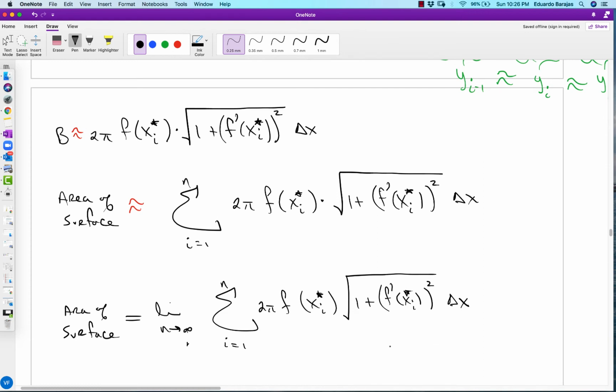And this we might recognize from our definitions of integrals. This is exactly equal to the integral from a to b, as x ranges from a to b, of exactly this. I like putting the variable myself here.